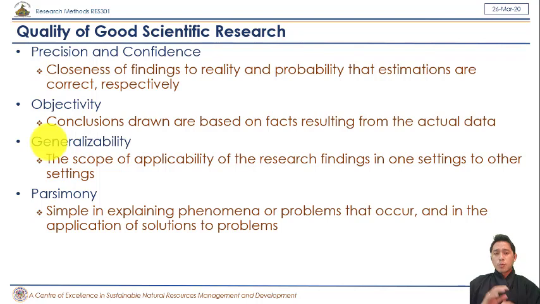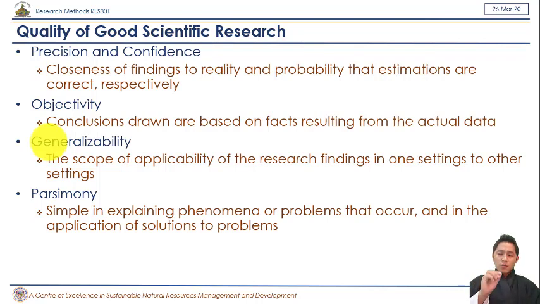Generalizability is again one aspect. In the previous sessions, we have dealt with a research problem where, for example, we took lichens diversity and distribution in Wangdi district. Now let us again take lichens diversity and distribution in Wangdi district.